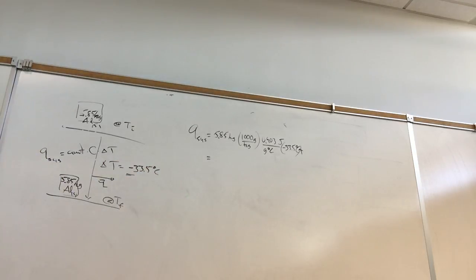How much the water warmed up depends on the amount. For example, if you dropped it into the ocean, is the ocean going to warm up by much? No, because the amount of water is huge and the amount of heat's not so big. But if we drop it into a bucket of water, then that bucket of water is going to warm up. And we can figure out how much that warms up based on this.